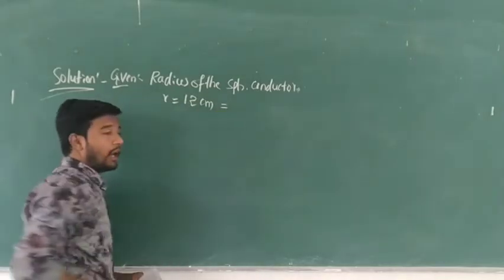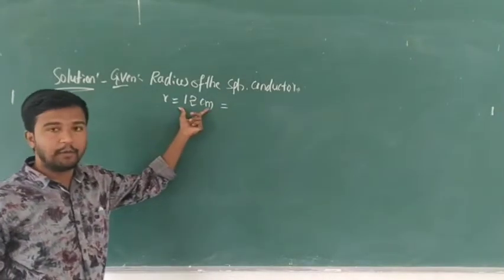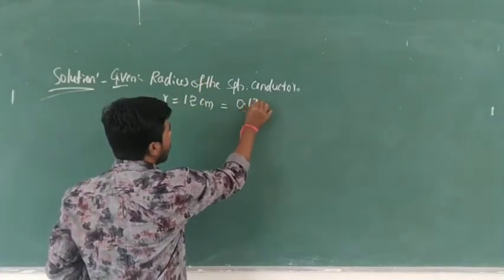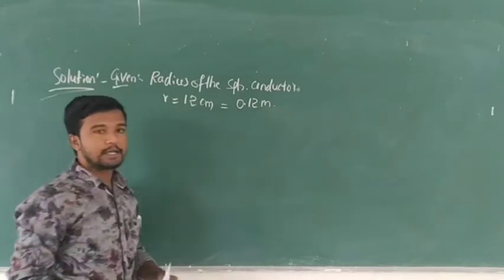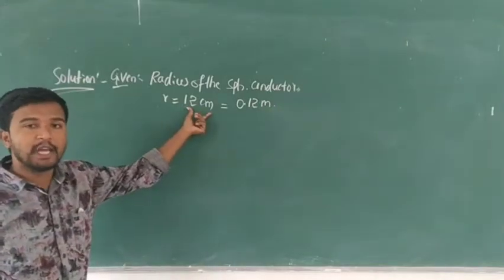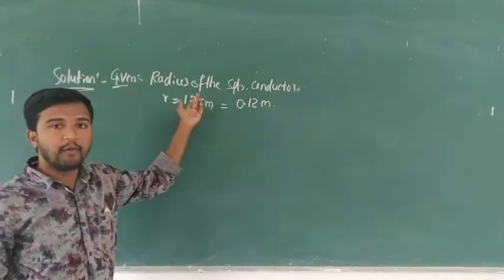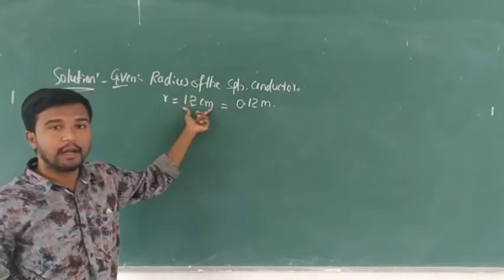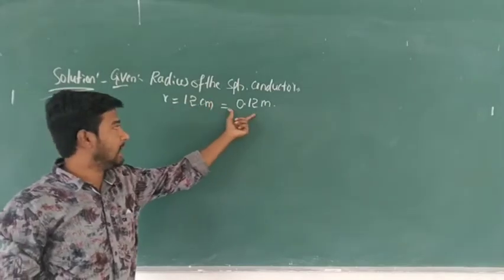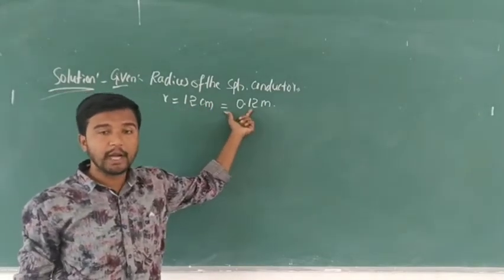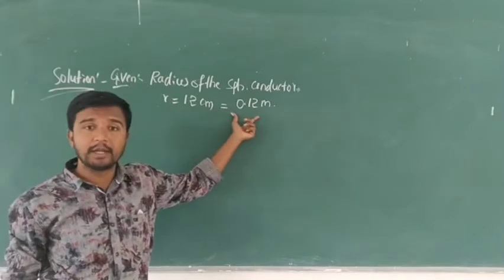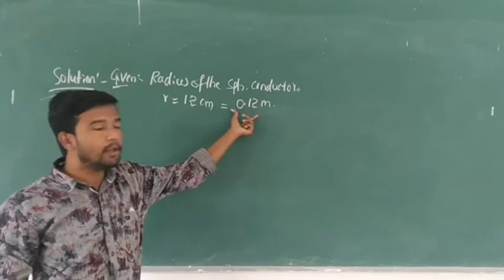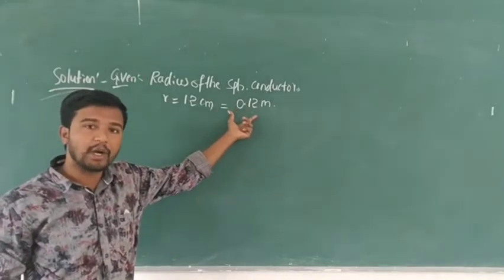But we have to convert it to meter. It is 0.12 meter. Yes, students, this is most important: when they give centimeter, we have to convert to meter, 12 divided by 100, which is 0.12 meter.